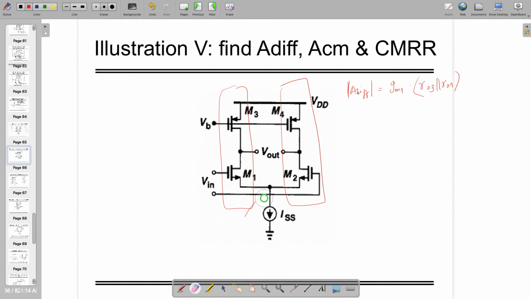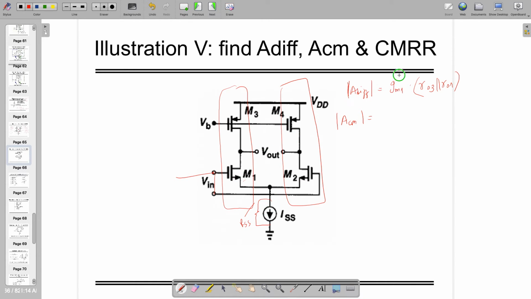This is what I'm considering. In the case of common mode gain, this potential is not going to be at ground, but this is going to be given by RSS. So you can write down that, so two transistors are in shunt, M1 and M2, so it's M1 plus M2 which are equal to M1, so it's 2gm1 and this is 2gm3.